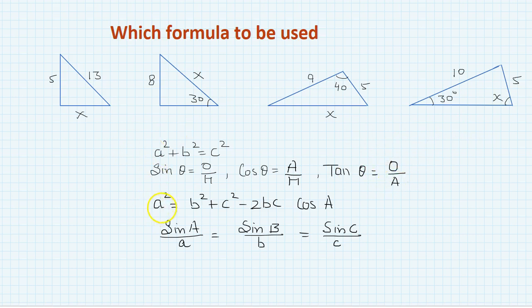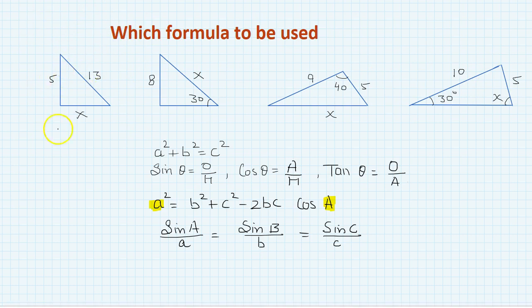Then we have the cosine formula: a square is equal to b square plus c square minus 2bc cos A, and b square is equal to c square plus a square minus 2ac cos B. Always remember this cos formula: if it starts with a, it will end in a only. So it's difficult.